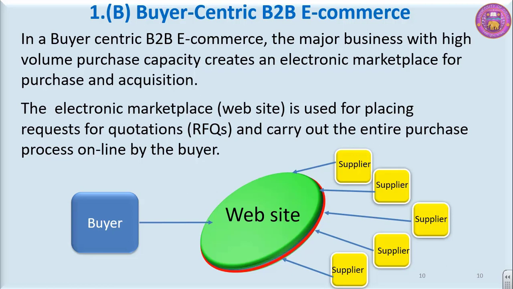The best example can be seen in the form of Indian Railways. Indian Railways is a very powerful buyer of a number of components from a number of suppliers. So if Indian Railways sets up a website where a number of suppliers can come and start doing business electronically, then this is a case of buyer-centric B2B e-commerce.